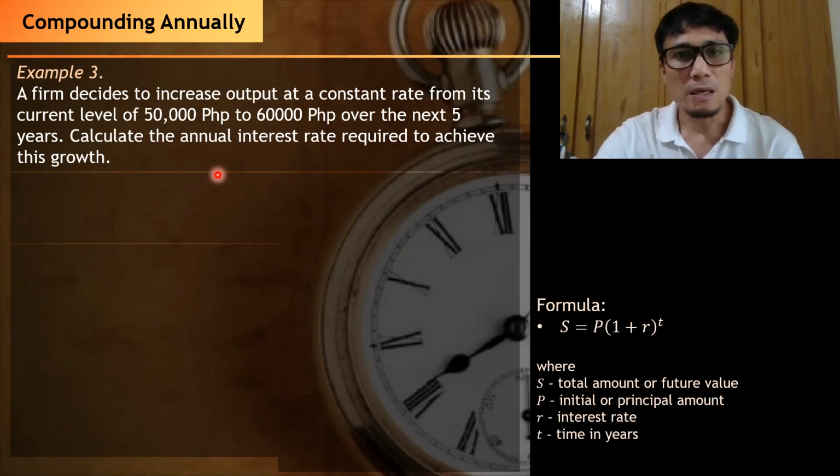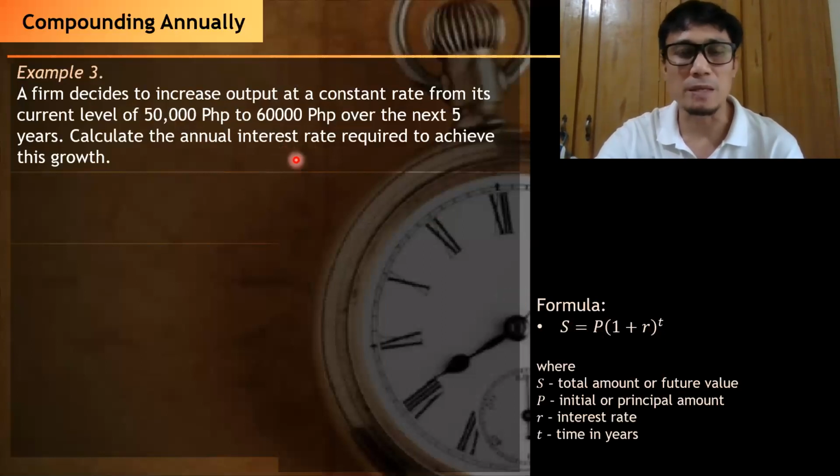Okay, this time we're asked to find the rate of interest rather than S. So what we will do here is simply plug in the given, and then we'll be left with R, which is that given in the problem.